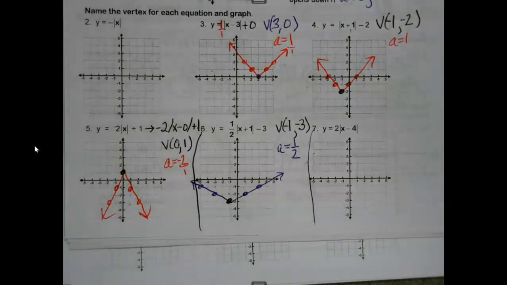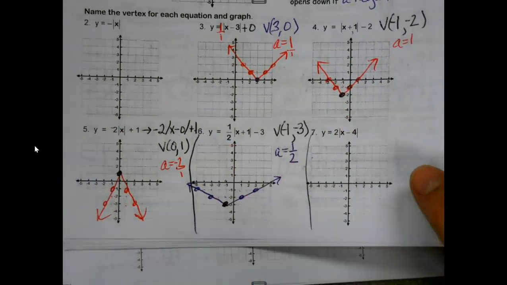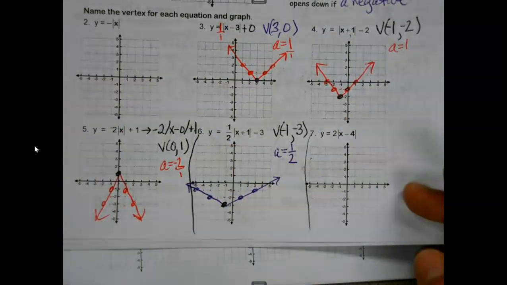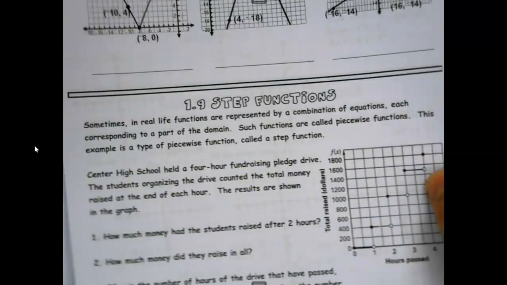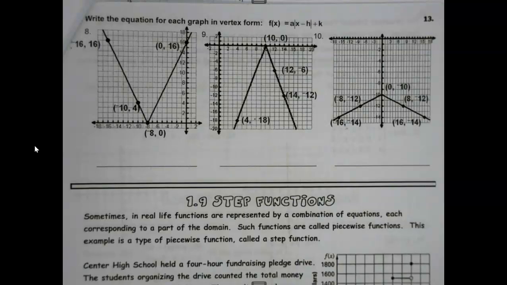And so the only other piece to this, because you'll find in here we do a lot of do it forwards, do it backwards, so we're kind of flexible with these things. So that last piece that we're going to look at looks kind of crazy, but it is not going to be as crazy as you think it is. So write the equation for the graph in vertex form.